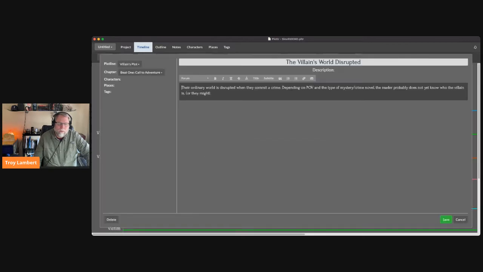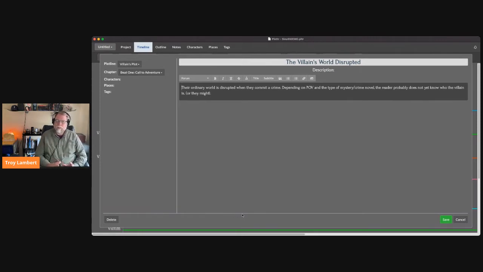But then also, I have a villain's timeline, because the villain's world is disrupted. And again, even if your reader doesn't see this, it's good for you as the author to know how the villain's world is disrupted. And if the villain's world is disrupted, it's disrupted because they committed a crime. And that normally puts them in a position where they have to cover up the crime. They have to get away with it, that type of thing.